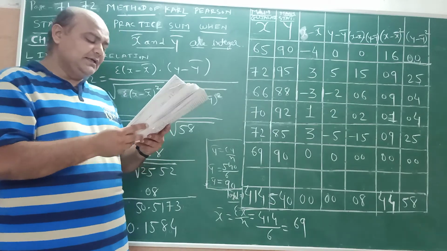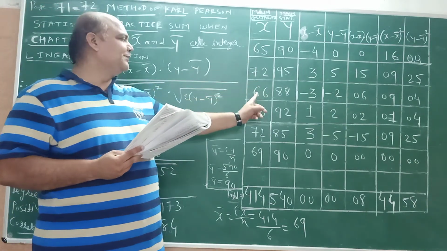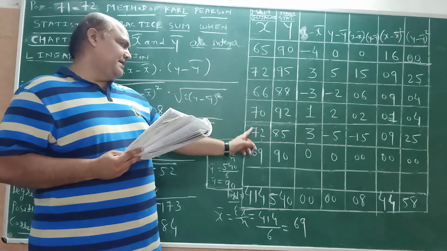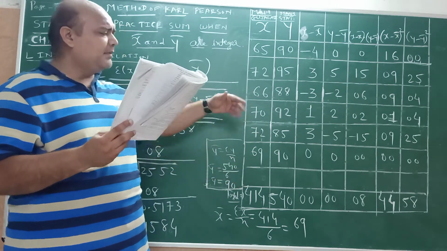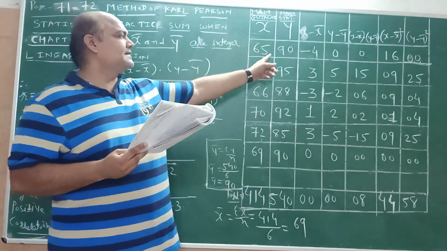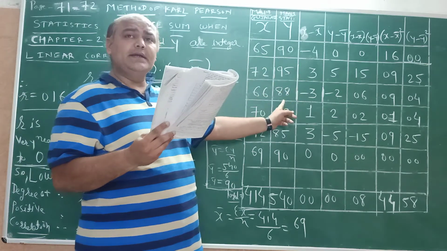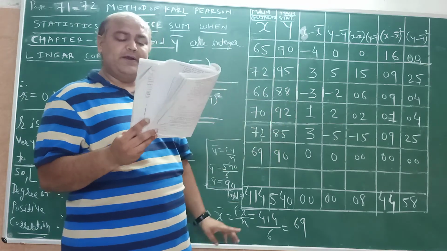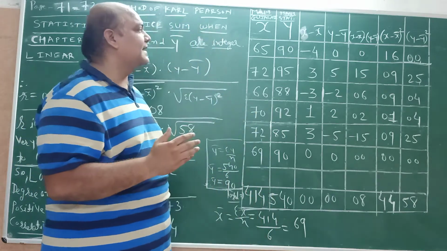Marks in Gujarati, that is called X: 65, 72, 66, 70, 72 and 69. The marks of 6 different students are here. Marks in statistics, Y: 90, 90, 95, 88, 92, 85 and 90. So here 6 pairs are given.